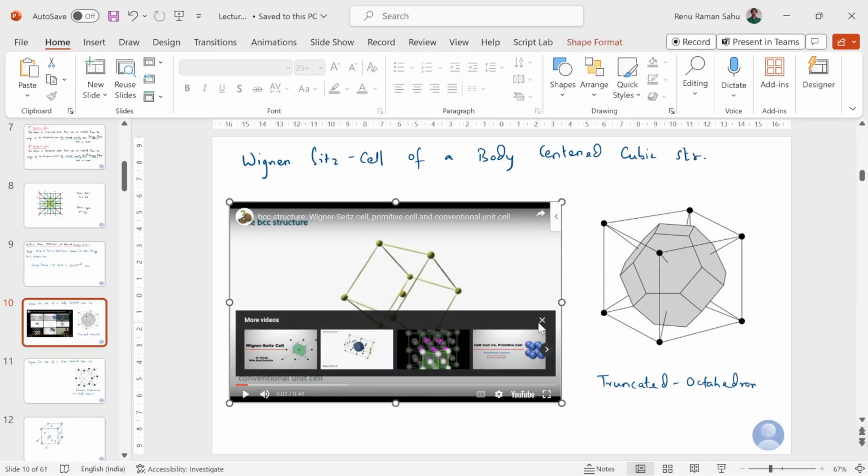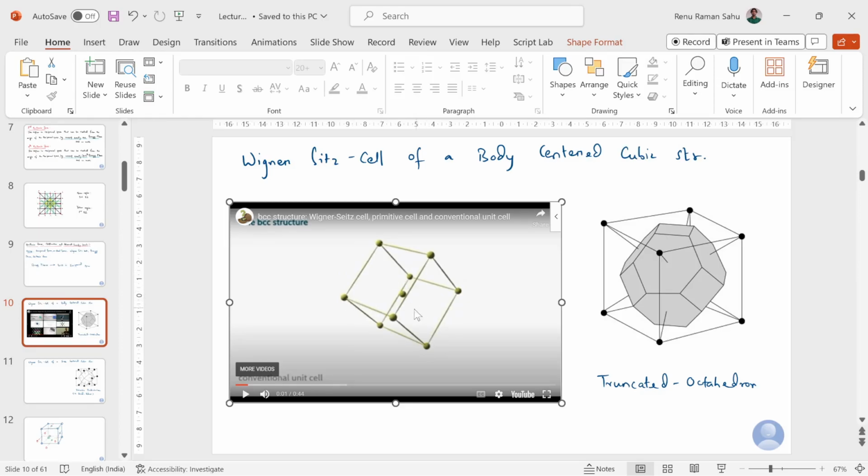Are you able to identify what this lattice structure is? Simple cubic, right? Simple cubic, and there is one atom at the center of this cube. So this is called a body-centered cubic. Now, this is a lattice.